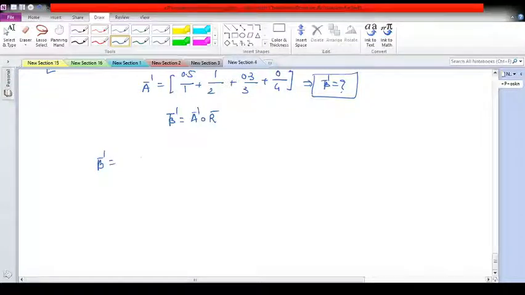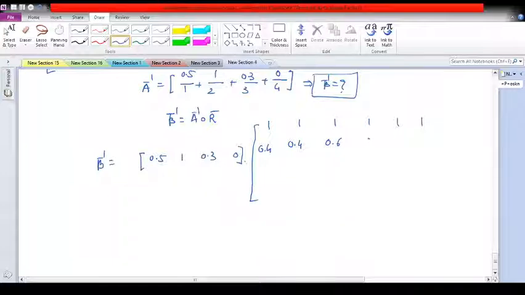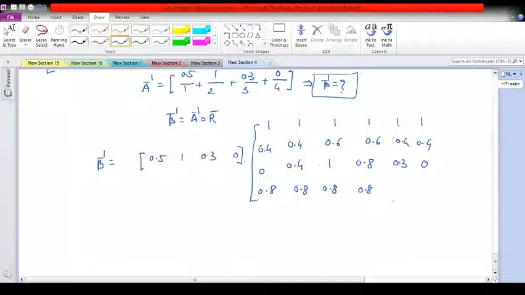So b bar dash will be a bar dash, which is 0.5, 1, 0.3 and 0, composed with the relation matrix: 1, 1, 1, 1, 1, 1, then 0.4, 0.4, 0.6, 0.6, 0.4, 0.4, third row 0, 0.4, 1, 0.8, 0.3, 0, and all 0.8 in the last row.